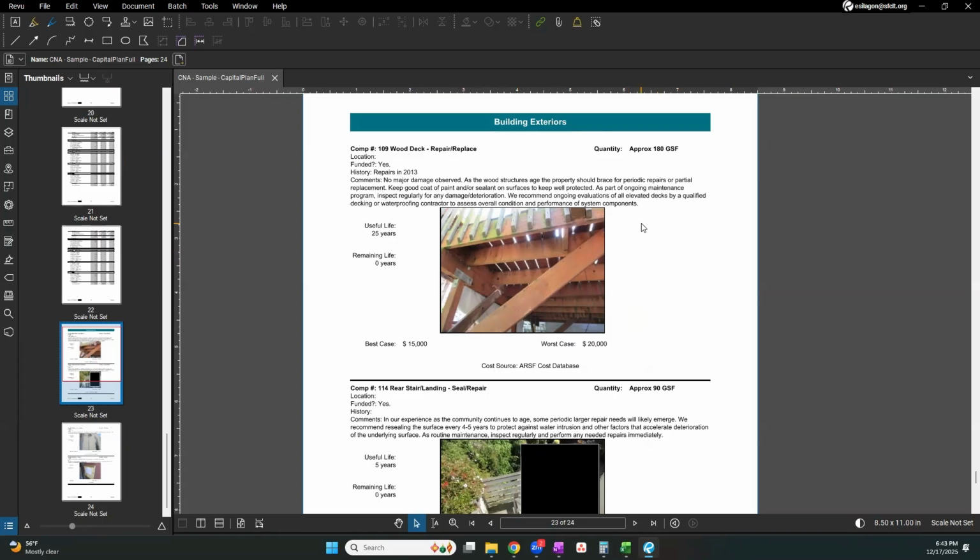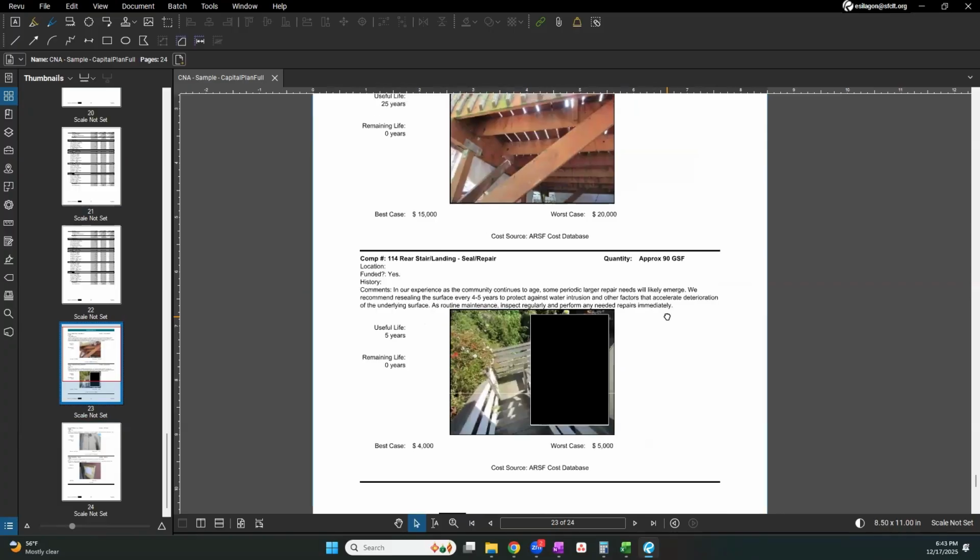So this is useful for confirming that you know what they're talking about with their general components, for informing your maintenance plan, and then if you are preparing a scope of work, for confirming the gross square footage and what your best and worst pricing scenarios are.